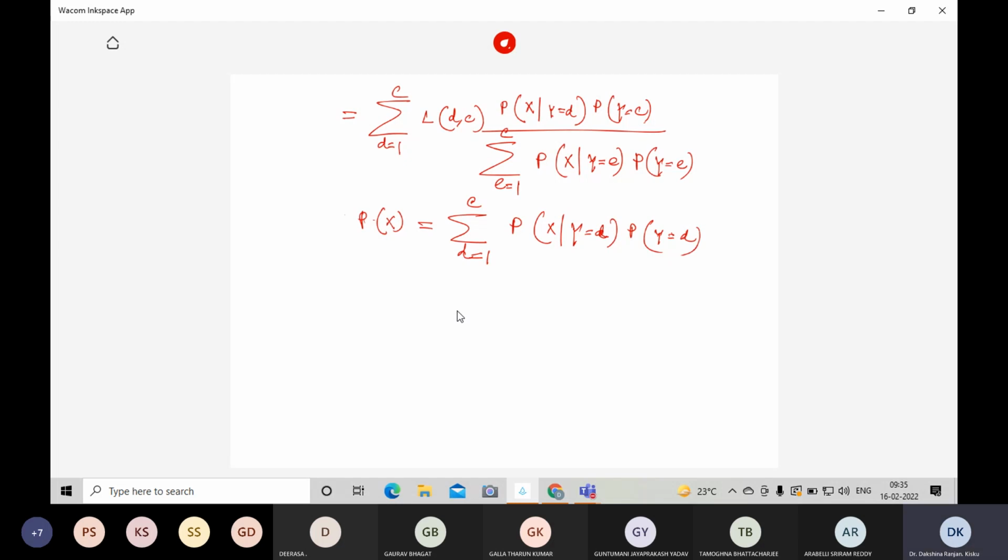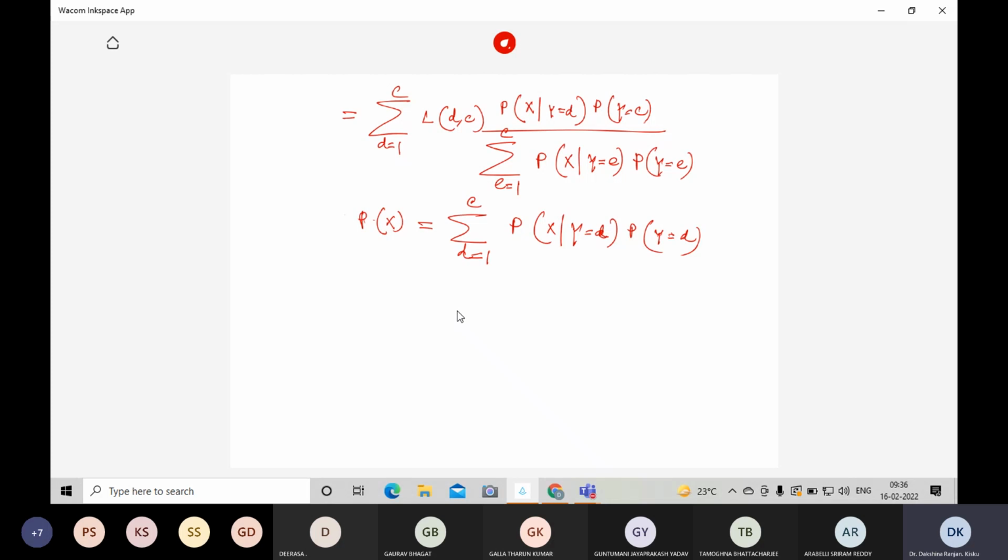So here I can estimate the risk of the Bayes classifier in terms of the loss function and posterior probability. If we further expand the posterior probability, then in place of posterior probability we can have the likelihood and marginal probability, divided by the summation over likelihood and marginal probability.